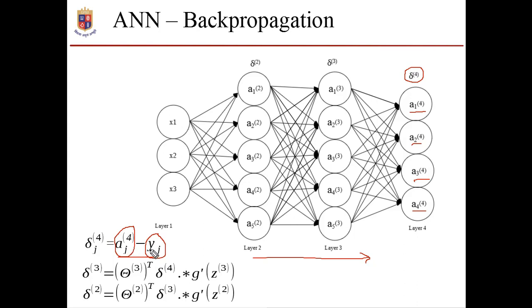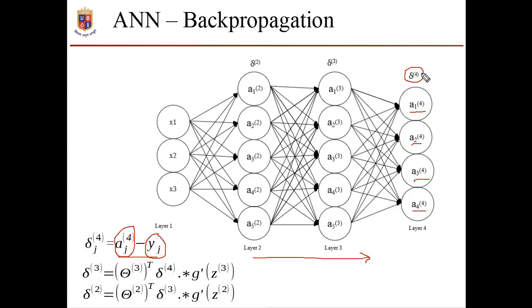While you compare the two, you have to find out whether the accuracy is matching the criteria or not, or how much difference there is between the derived values and the actual values. This can be calculated by subtracting the actual value from the derived value. So the fourth layer error can be calculated using delta J4 equals AJ4 minus YJ.